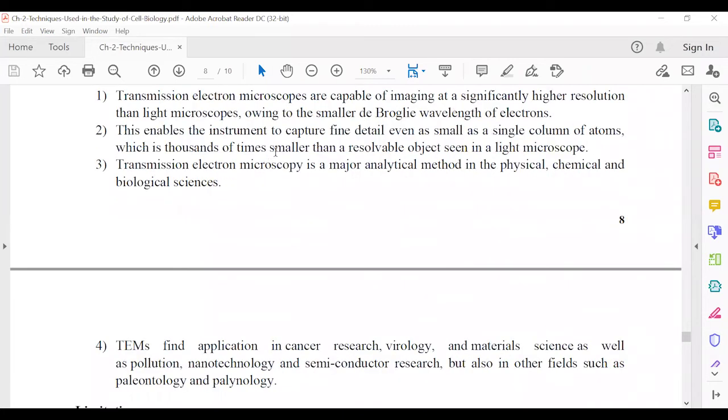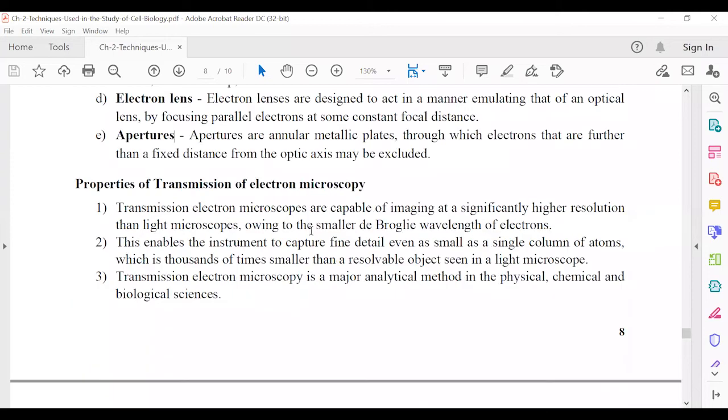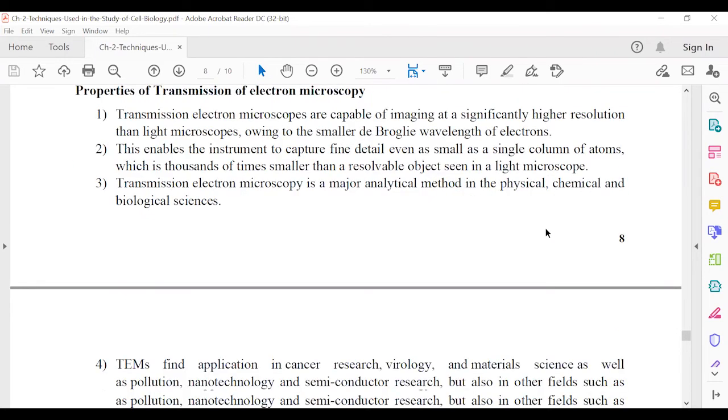Next, properties of transmission electron microscopy. Transmission electron microscopes are capable of imaging at a significantly higher resolution than light microscopes, owing to the smaller de Broglie wavelength of electrons.